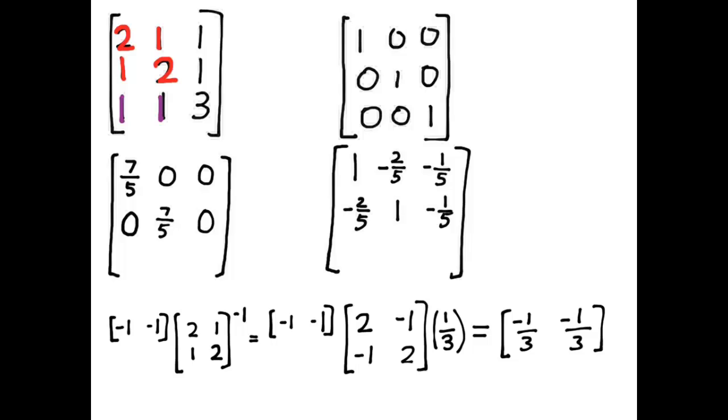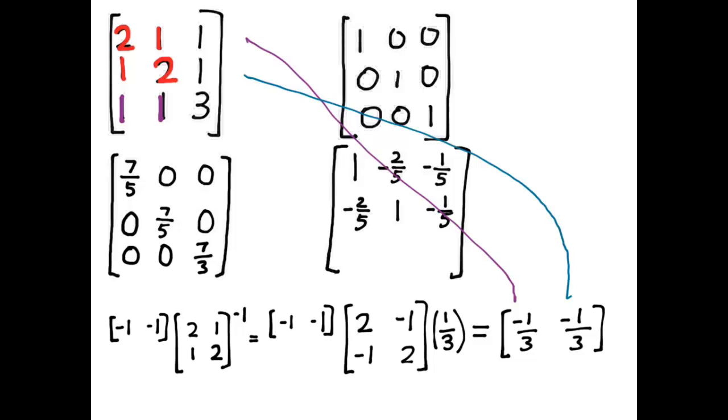And then at this point you check that that linear combination of the first two equations does cancel the x and the y components of the third equation, and we get 0, 0, 7/3. We do the same thing to the identity matrix, and we're now one step away from finding the inverse matrix.